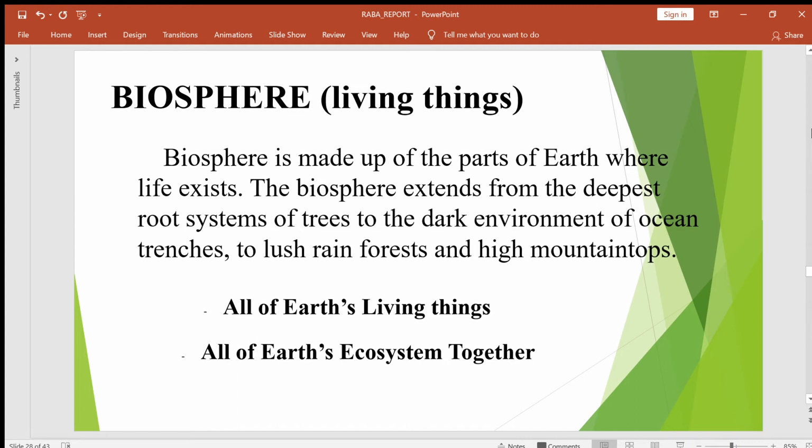Since life exists on the ground, in the air, and in the water, the biosphere overlaps all these spheres, although the biosphere measures around 20 kilometers from top to bottom. Almost all life exists between 500 meters below the ocean surface to about 6 meters above sea level.